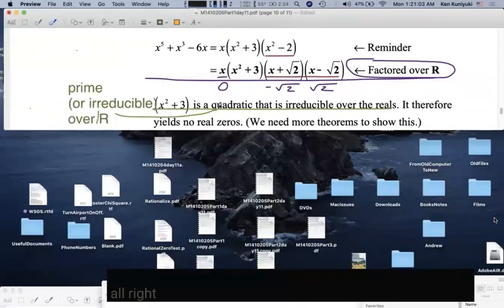All right. So we have the three real zeros here at x equals 0, negative root 2, and positive root 2.